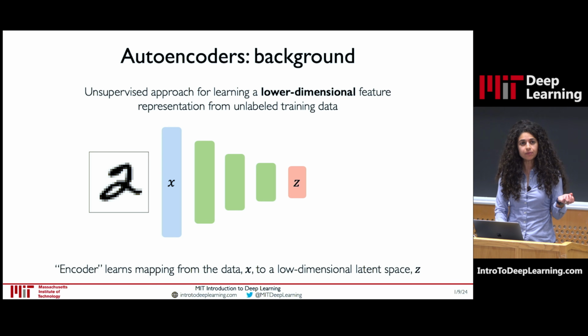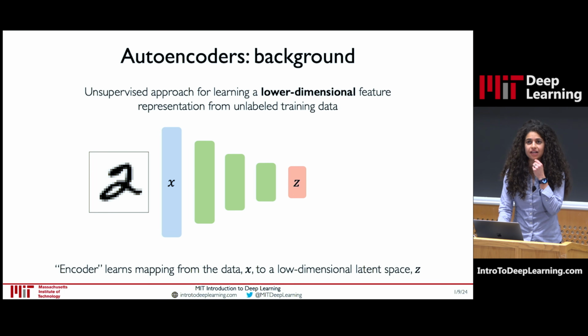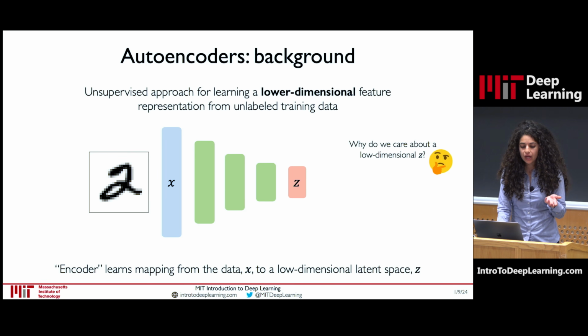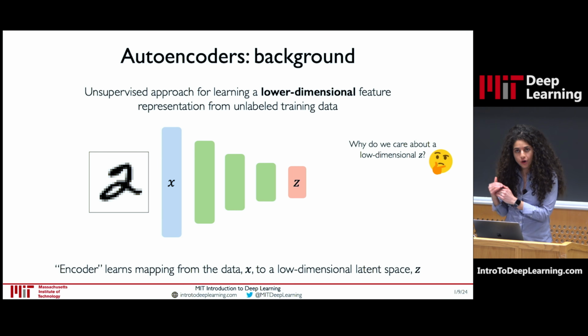And so what I'm showing here is an example with an image, the digit 2, and the autoencoder is taking examples of this data and trying to learn a lower dimensional feature space that is representing that in a completely unlabeled way. So maybe let's first ask ourselves a question here. If we're trying to learn an encoding, what I'm denoting here as the variable z, why would we maybe want to care that this set of variables z has a fairly low dimensionality?